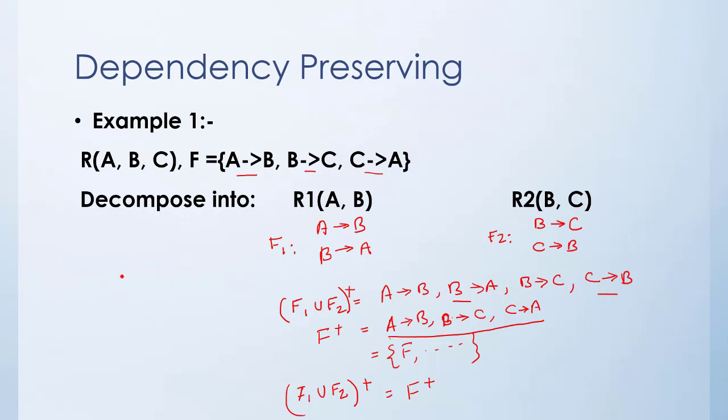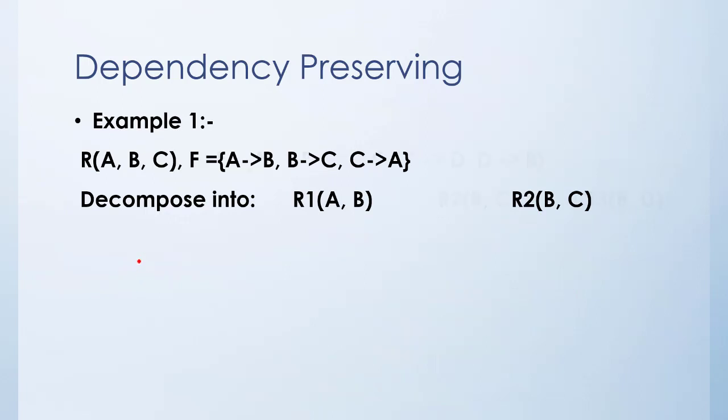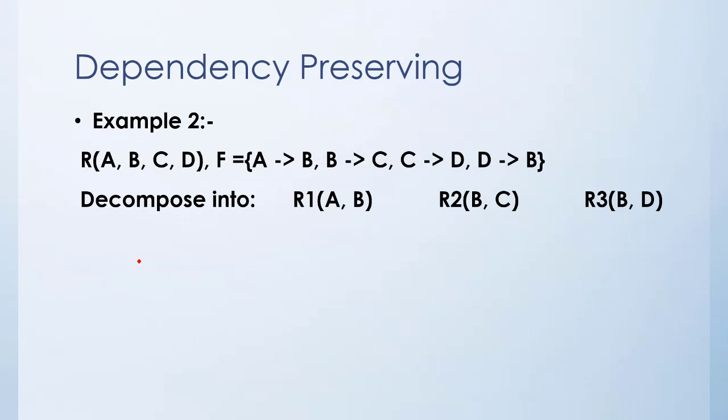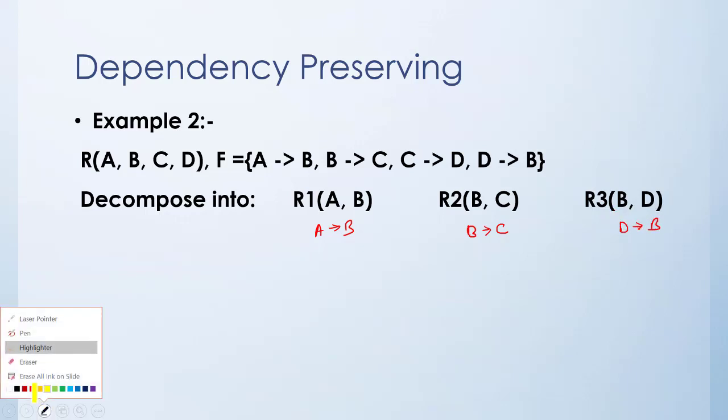Let us take another example. Here we have a relation R with four attributes A, B, C, D, where the functional dependencies are A determines B, B determines C, C determines D and D determines B. From here, R1 directly has A determines B, R2 has B determines C, and R3 has D determines B directly from the functional dependency set F. Can we get any more functional dependencies in R1 using the original set F?